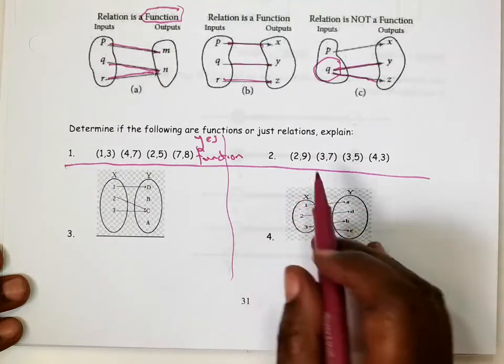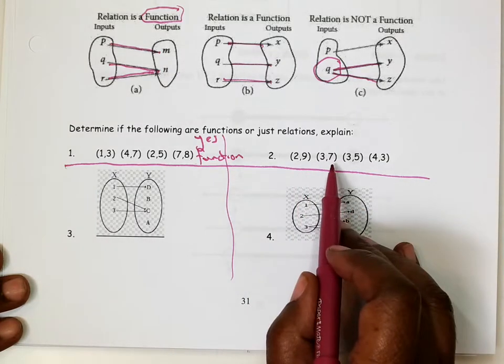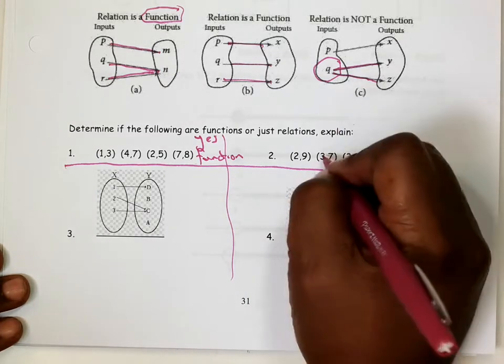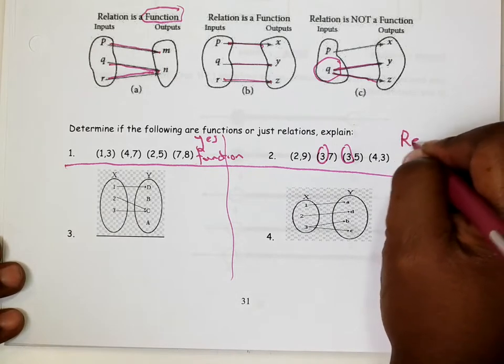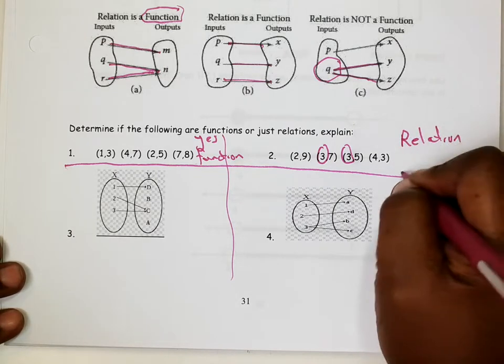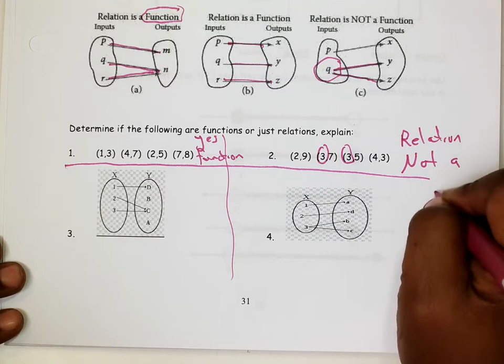Over here, I have the ordered pairs 2, 9, 3, 7, 3, 5, and 4, 3. Well, this has a 3, and then that has a 3. They're mapped to 2 different y values, so this is just a relation. It's not a function.